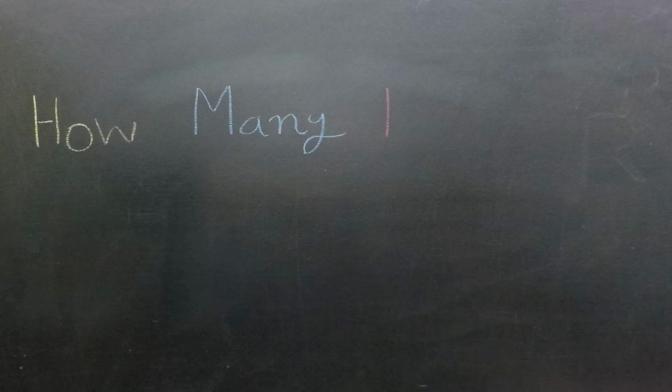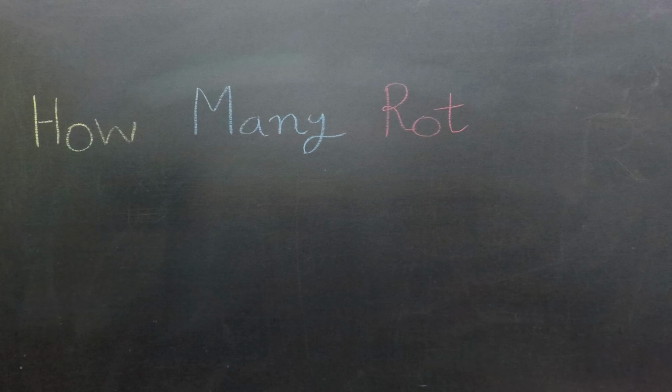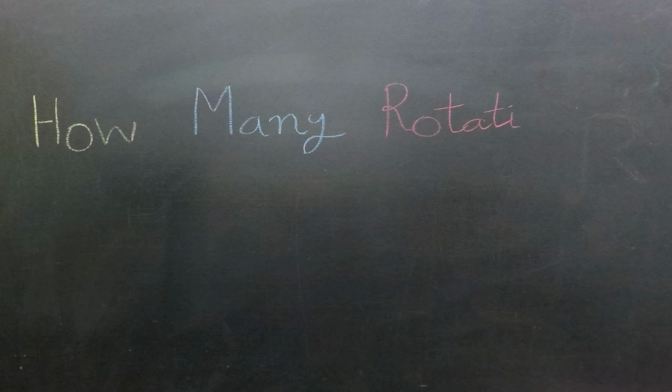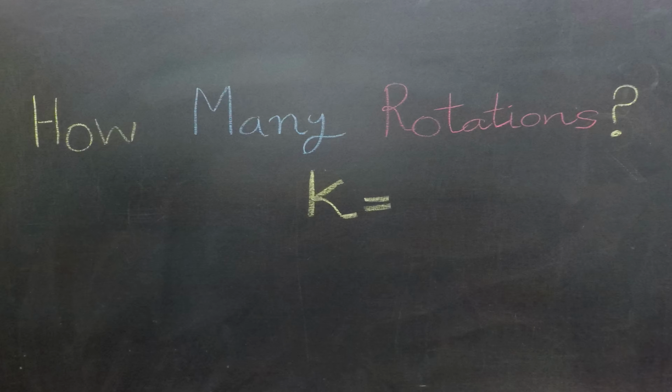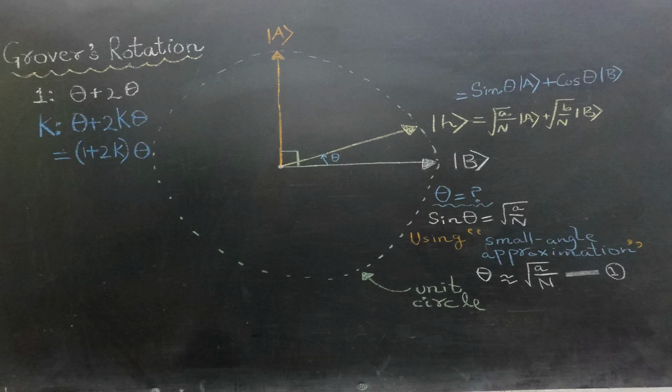Now we have enough background knowledge to answer the question, how many Grover rotations do we need? In other words, what will be the value of K? We already know that K Grover rotations change our angle between register X and ket B to theta plus 2 times K theta.